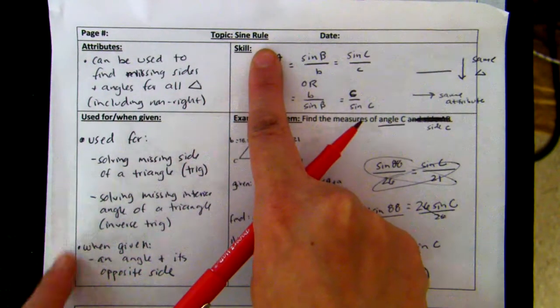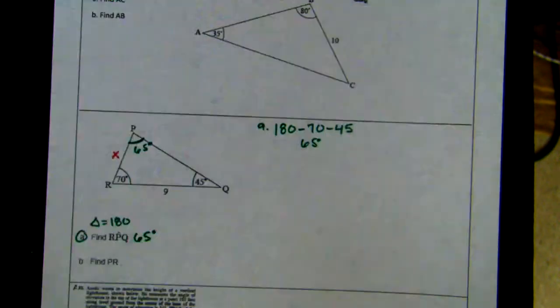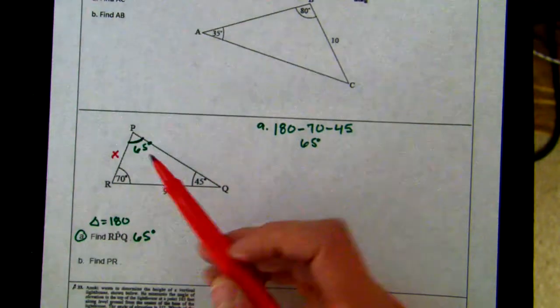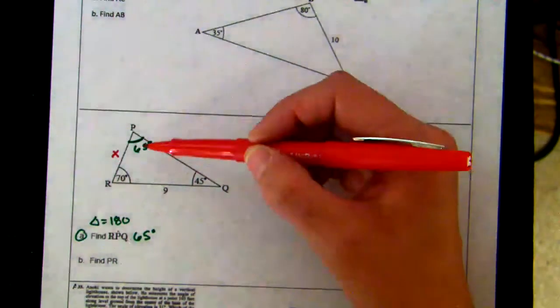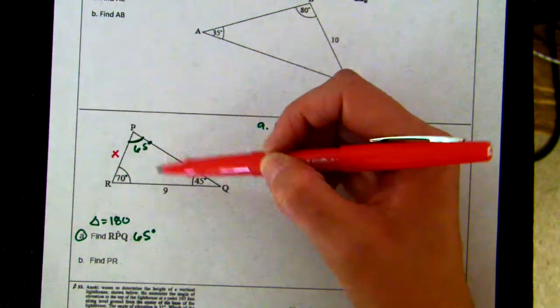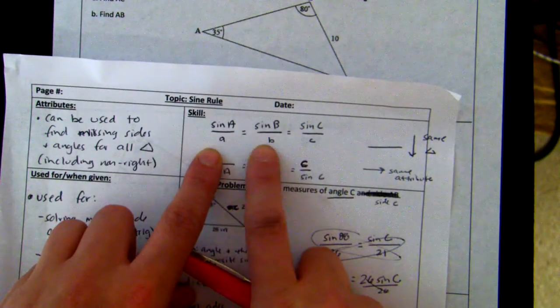To use sine rule, I need to have an angle and its opposite side. Do I have that? I do. I have the angle 65 and its opposite side of 9, so I know that I can use sine rule here.